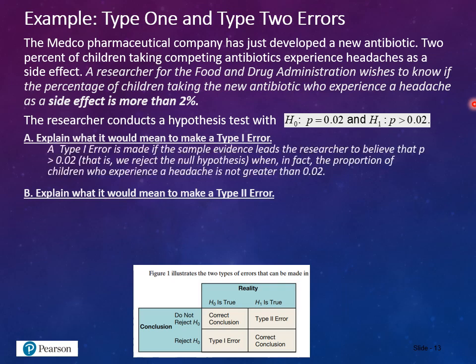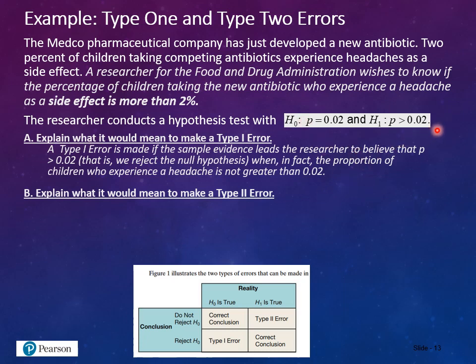So again, a type 1 error is made if the sample evidence leads the researcher to believe that p is greater than 0.02. That is, we reject the null hypothesis when in fact the proportion of children who experience a headache is not greater than 0.02. So we're saying that we reject the null hypothesis when the null hypothesis is true. Again, that's a type 1 error, only using the null hypothesis. The type 2 error is that we use both hypotheses.